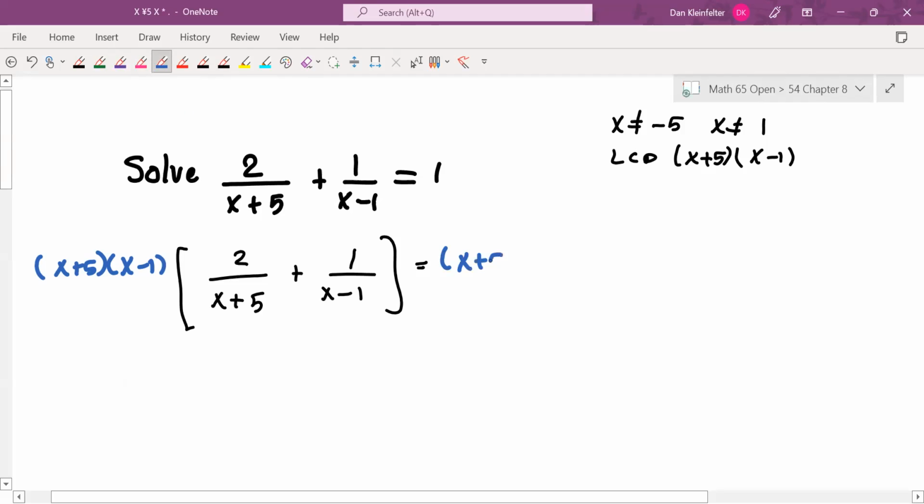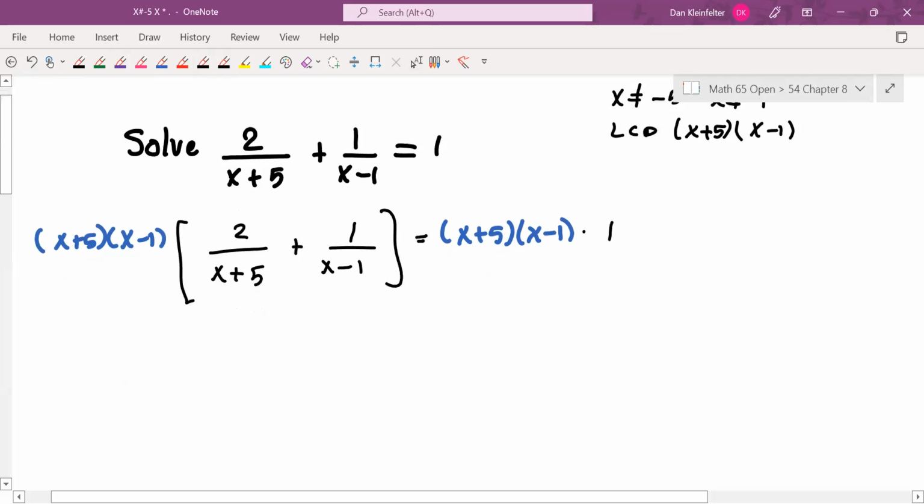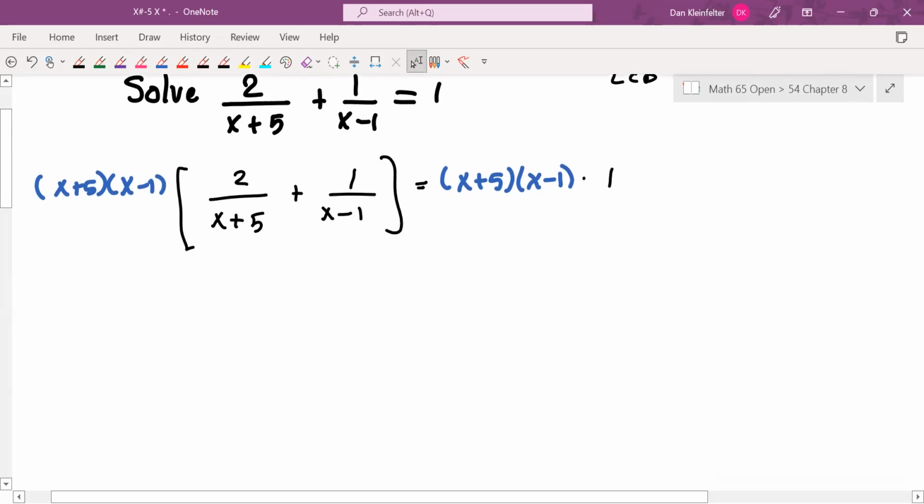The amount of work that you want to show here depends in part on your comfort level. If you are confident in skipping some steps, you're able to. In the last example, I really showed the distributive property in here. If you don't feel it's necessary, then you can leave that out. Here, the 2 times (x + 5), when we distribute, the x plus 5s will cancel. We'll be left with 2(x - 1).